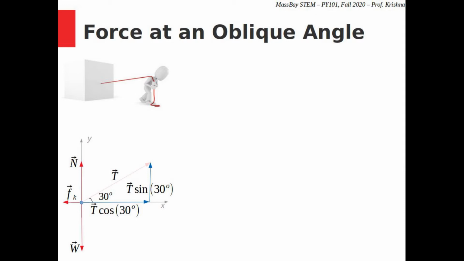We will use these components rather than the original vector in our calculations from here on out. Let's write out the force balance in the y direction. There are now two forces pointed up, the normal force and the vertical component of tension, T sine 30. And there's one force pointed down, weight. We can substitute these into Newton's second law.